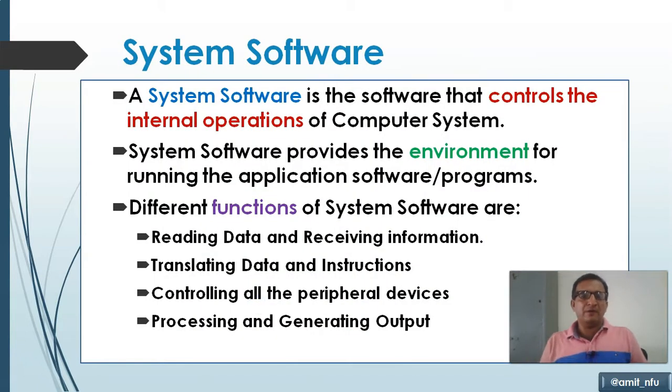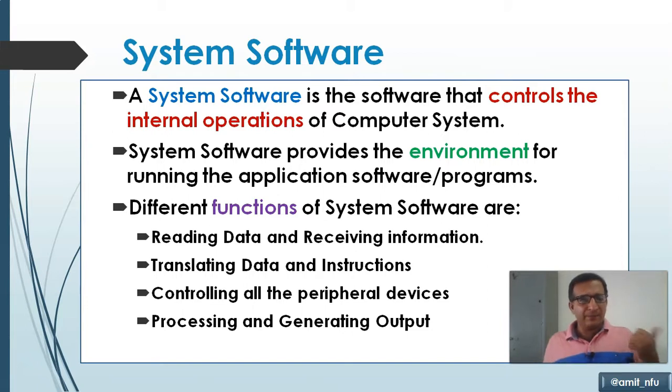So first of all, we start with the system software. A system software is a software that controls the internal operations of the computer system. As we have already discussed, it provides an environment for running the application software programs on it.